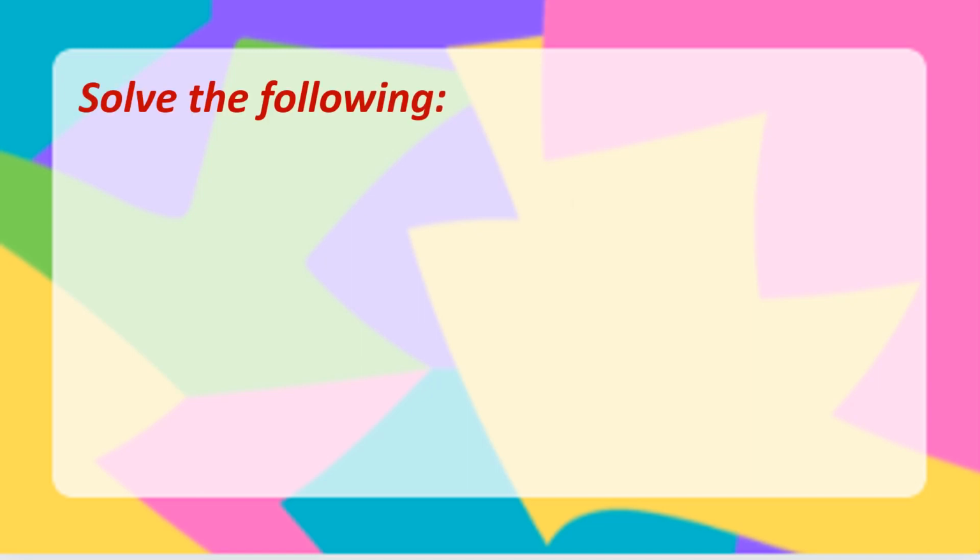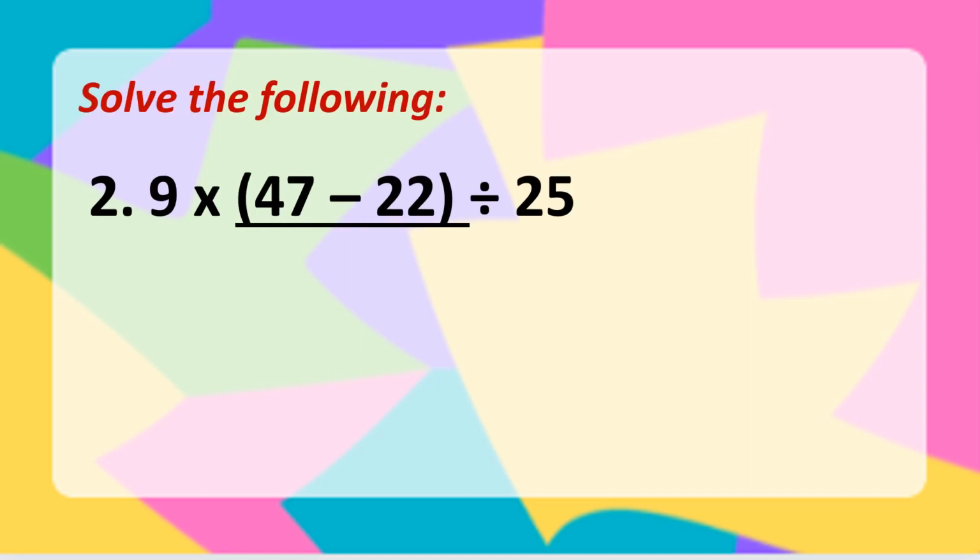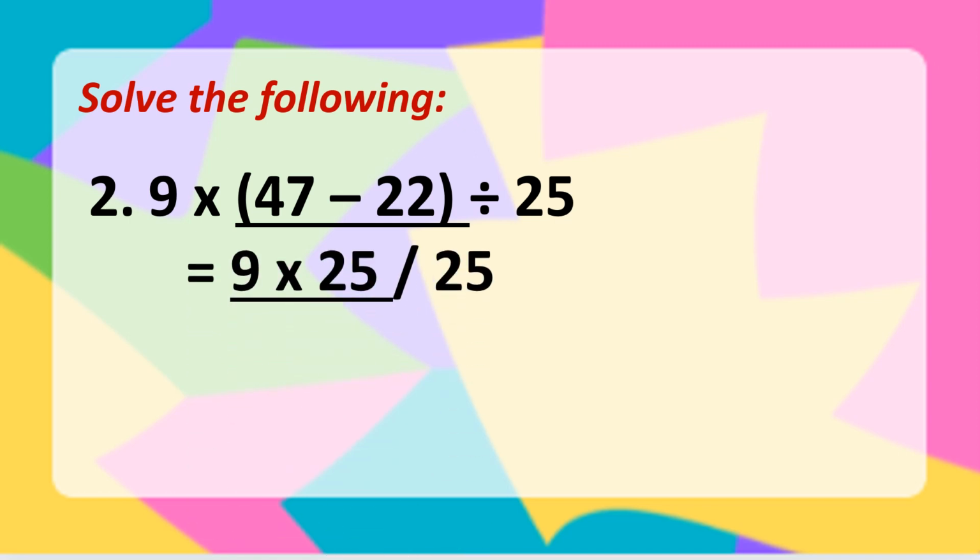Okay, another example. Number 2, 9 times the difference of 47 minus 22 divided by 25. What do we need to do first? We need first to eliminate the numbers inside the parentheses, and the operation will be subtraction. So 9 times the difference, which is 47 minus 22, is 25. So we're going to write 25 and then copy divided by 25.